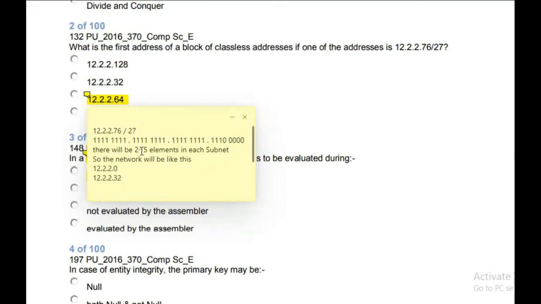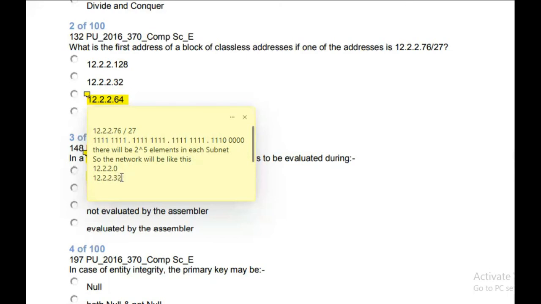So there will be 2⁵ elements in each subnet, because we have the remaining 5 bits for representing the host. So the network will be like this: 12.2.2.0, and these bits are used for representing the subnets.